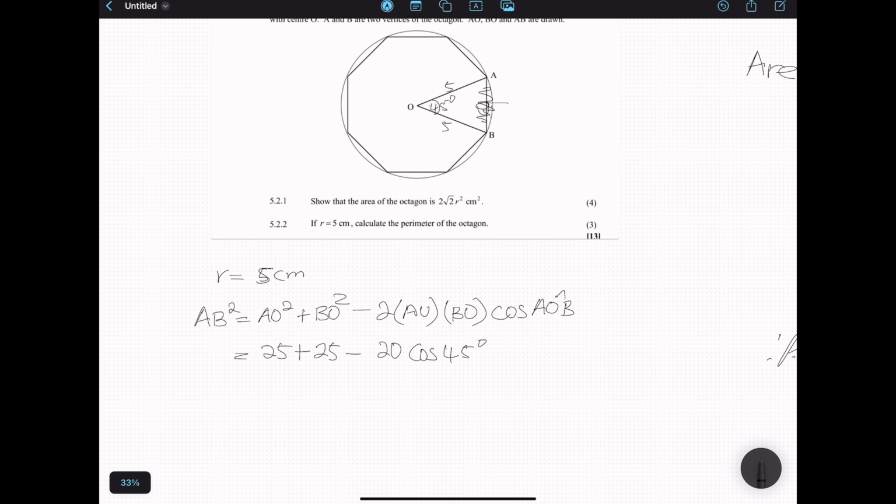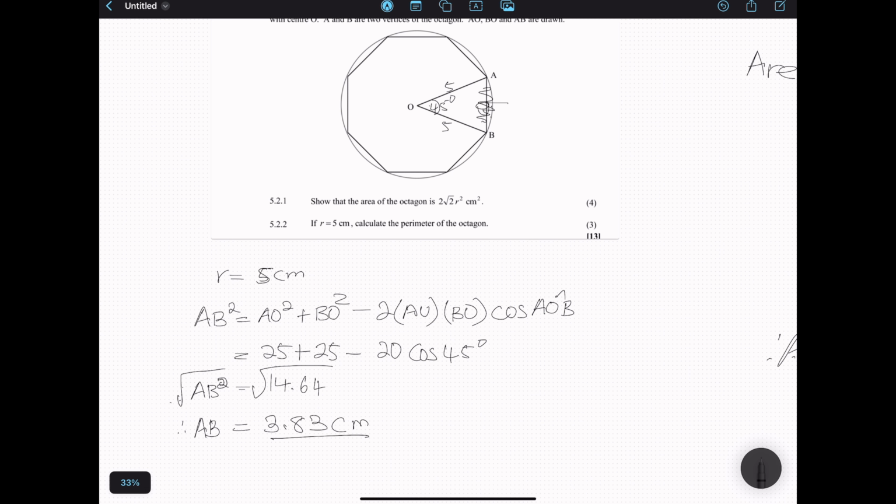This is going to be 14.64. Therefore AB, just put the square root of AB squared, then it's going to be 3.83 centimeters.